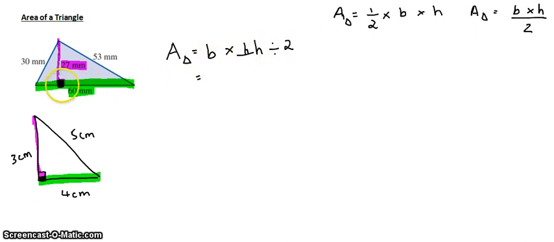So the base here, we look at the green line, the bottom of the triangle. Okay, sometimes it's not always the bottom of a triangle as well. The base might be this length here, and the perpendicular height might come out of it like this. It's not always going to be set out beautifully like this. The triangle could be turned around a little bit.